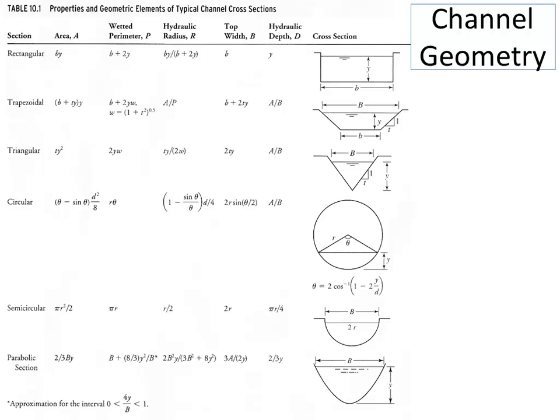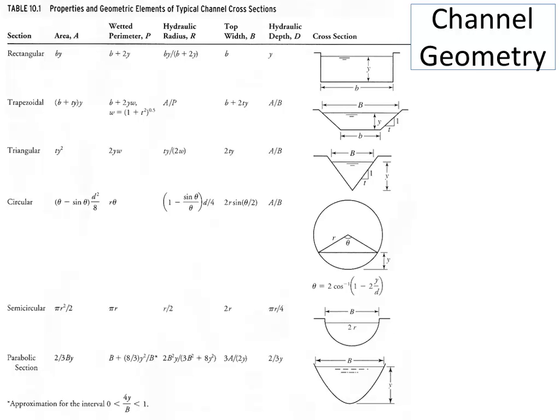In your text is a table that shows channel geometry for a variety of different prismatic shapes. And of these, the most challenging to deal with, believe it or not, is the circle. It's very difficult to find out what the cross-sectional area, wetted perimeter, and so forth is for a circular channel that's only partially full.